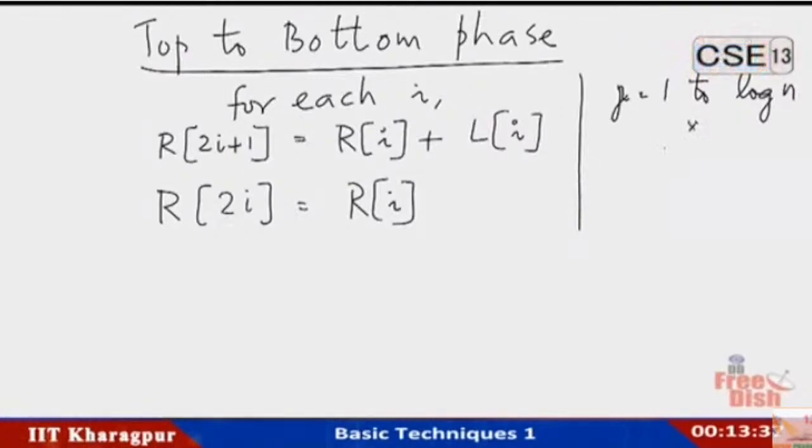When j equals 2, the children of the root are activated. When j equals 3, the grandchildren of the root are activated, and so on. So when j equals log n, we will be activating all the leaves. So finally, all the leaf values will be filled.